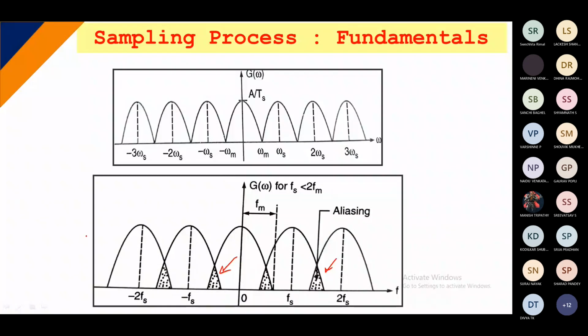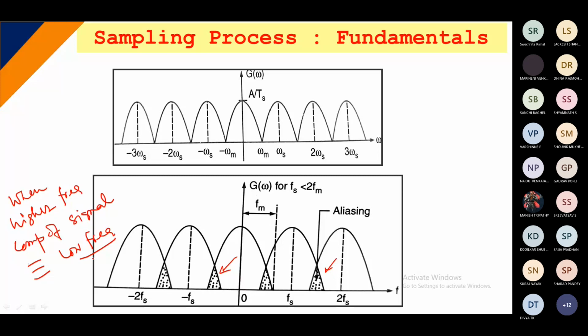So aliasing happens when a higher frequency component of the signal takes the role of a low frequency signal. Eventually the system will identify it as a low frequency signal.